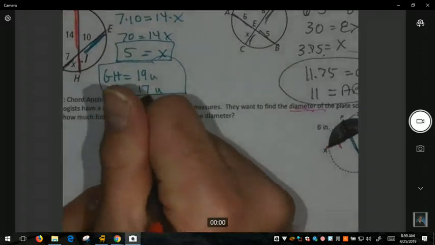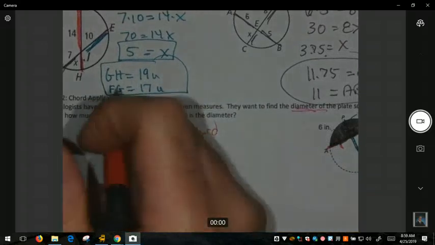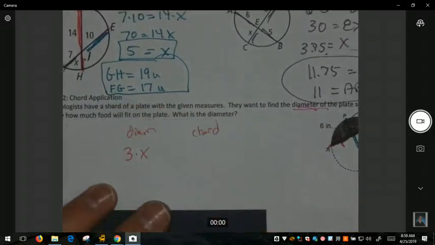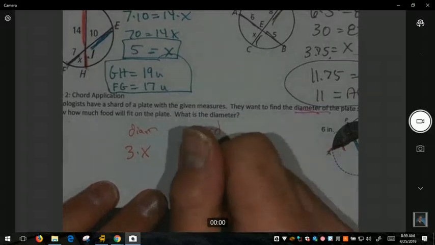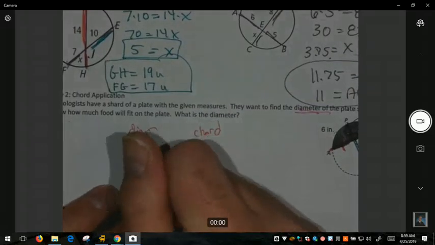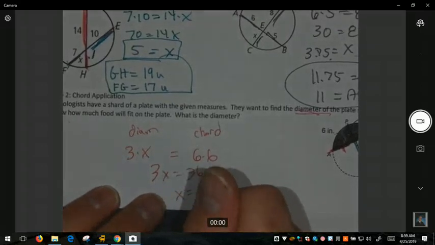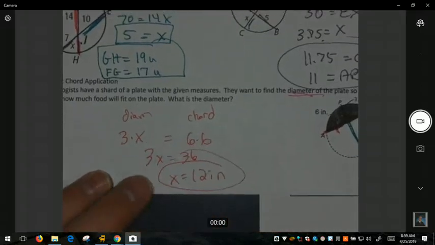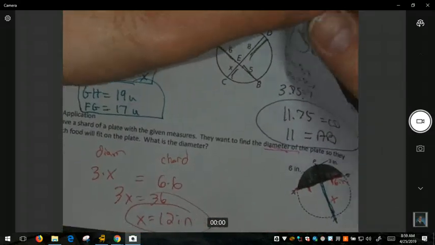So for our diameter we have the pieces 3 and x. I'm going to multiply those together. For the chord that has been bisected, we have 6 by 6. So we have that 3x equals 36, meaning that x is 12. 12 inches was the diameter of this plate before it was destroyed.